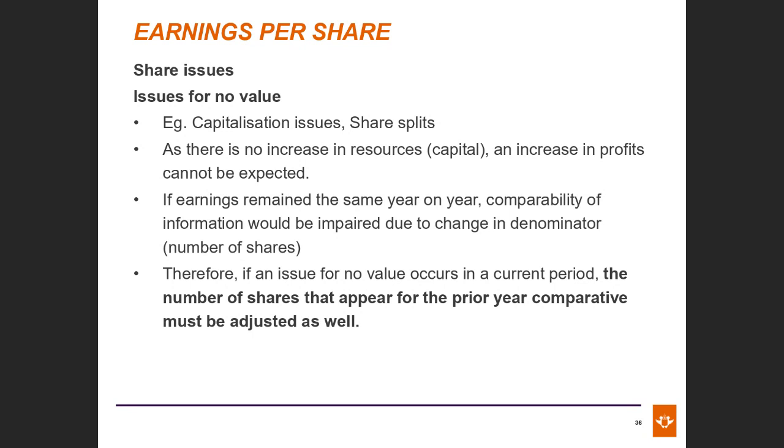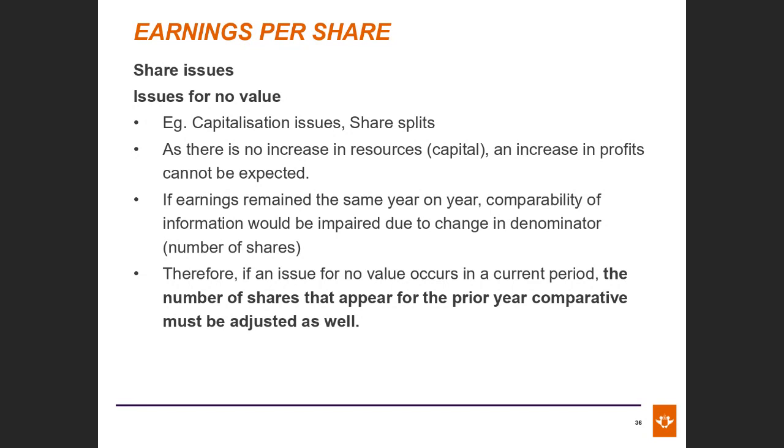So in the previous example where we had an issue for value, the shareholders paid for those shares, the company received the money, the company invested that capital into growing its business and increasing its profits. But here, because no money is received, no capital is received from the shareholders, it means profits are not going to increase as a result of capital, okay?